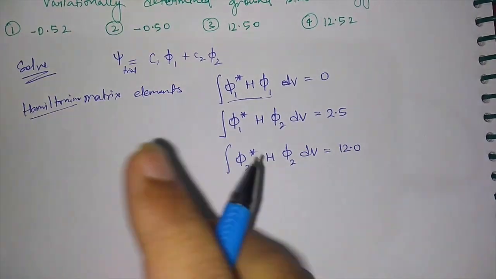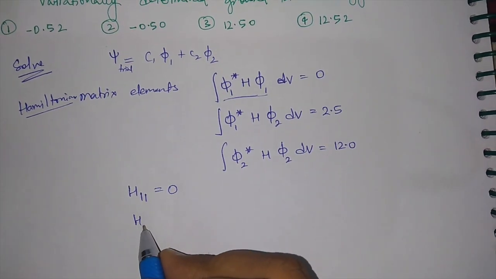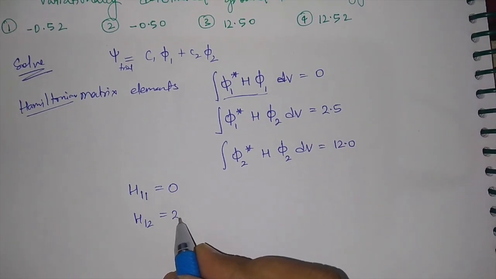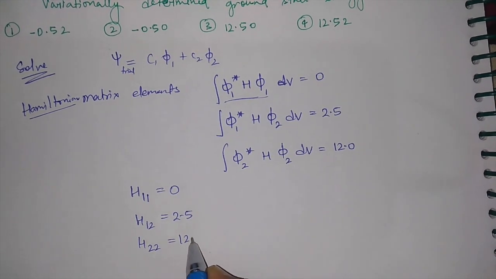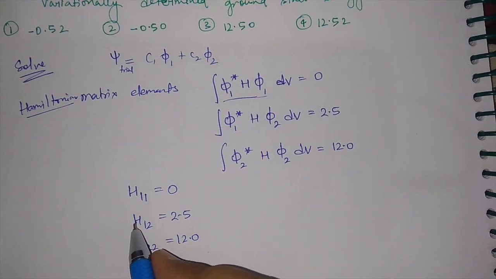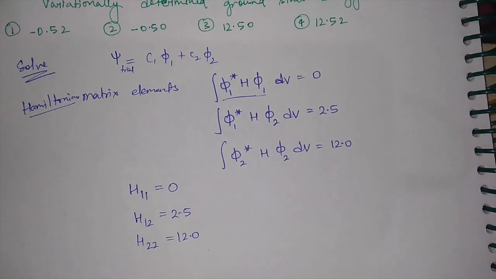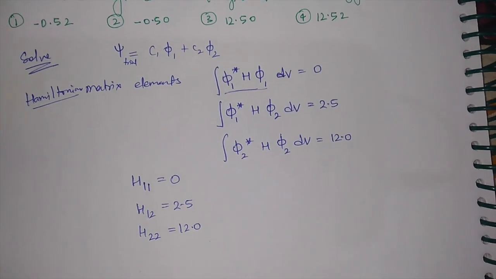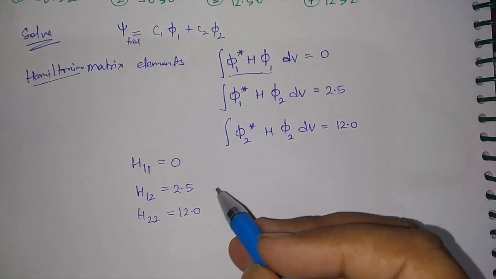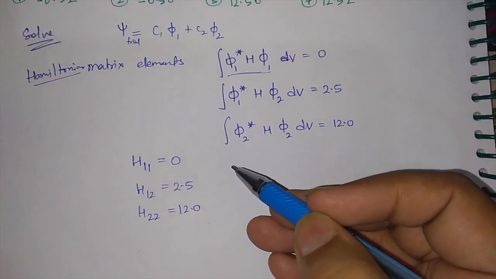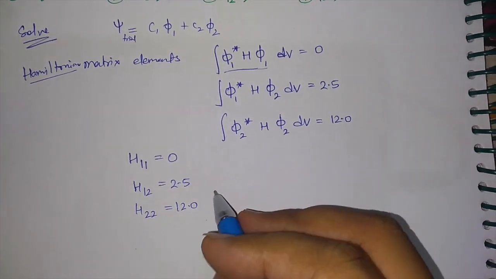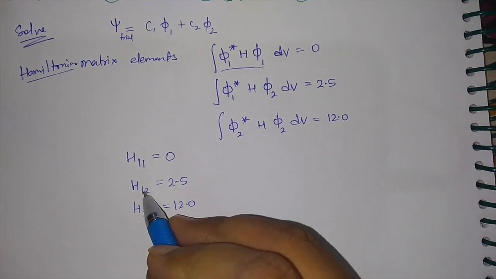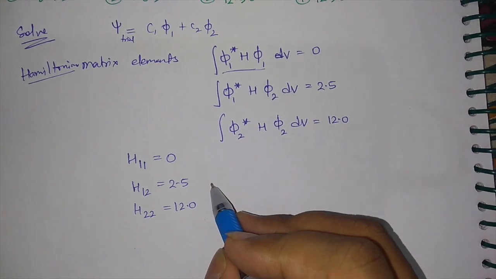Now the next one is H12, and its value is 2.5, and the next one is H22, and its value is given to be 12.0. Now since the set is orthonormal, it follows orthonormality, so H12 will be equal to H21.